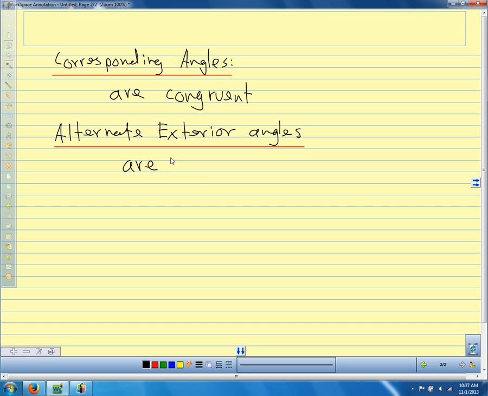They are also congruent. So angle 1 would be congruent to angle 7 on your diagram. Angle 4 would be congruent to angle 6. So when we have two parallel lines, our alternate exterior angles are congruent.